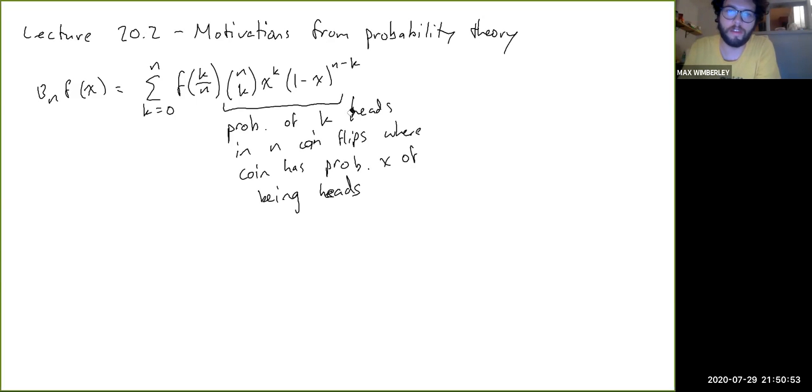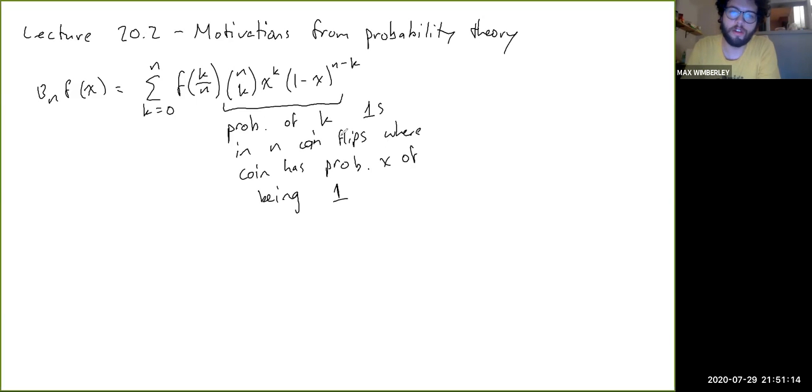Or, let's do it this way: k ones. You can think of it as a coin flip, but now heads is the number 1 and tails is 0, so these are binary trials.